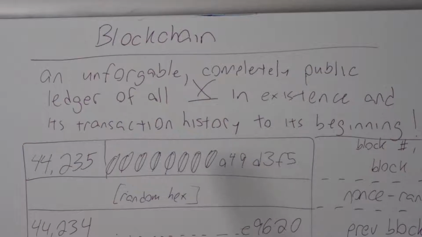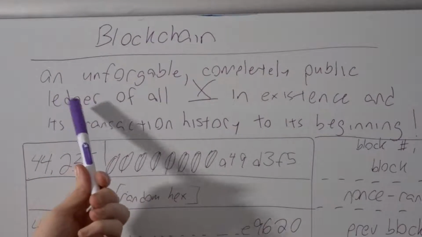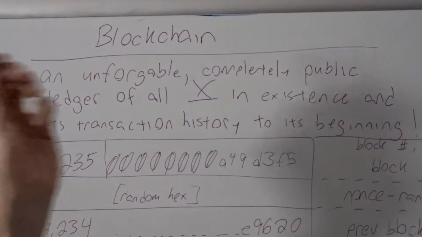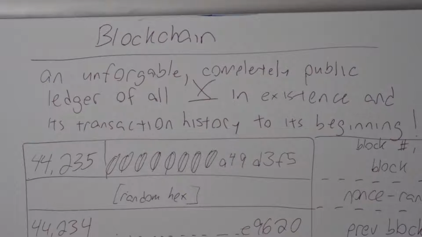Why is that important that it's unforgeable? We just don't want anybody representing that they have $1 million, million Bitcoin, million Ether account balance, unless they truly have a claim to that. So this public ledger is unforgeable. And it's completely public in the sense that any balance can be seen and verified.